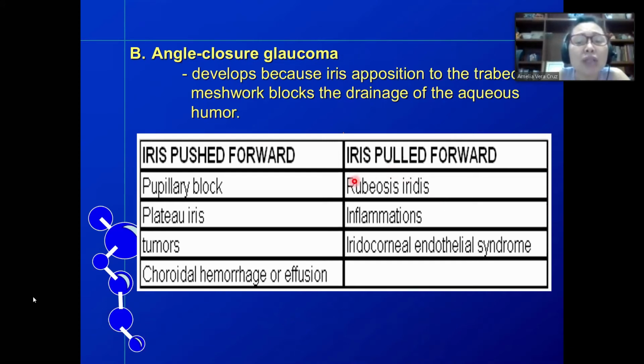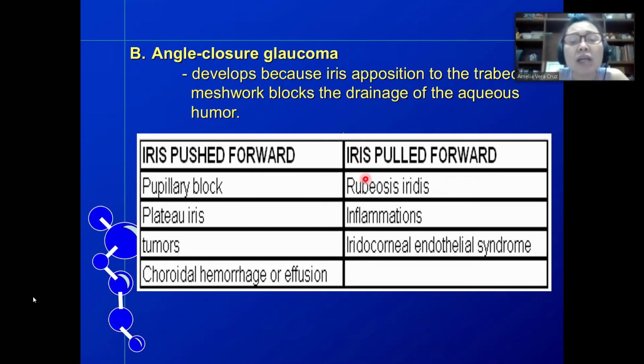Pag magkaroon niya ng abnormal blood vessels, usually in ischemic conditions of the eye, in diabetic retinopathies, in your central retinal vein occlusion, anything that will decrease the blood flow to the eye can produce rubeosis iridis. Now, rubeosis iridis is more common at the periphery and at the pupillary margin. Dapat walang blood vessels yan.